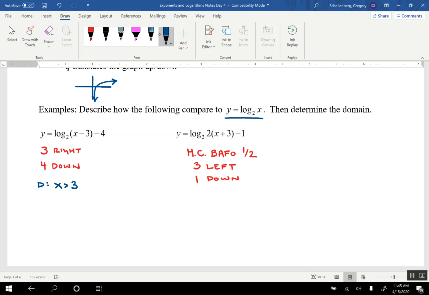Now what's happened to our domain? Horizontal compression by a factor of 1/2 is not going to impact our domain. The shift of 1 unit down is not impacting our domain, but shifting 3 to the left will. So our domain is going to be x values that are greater than -3.